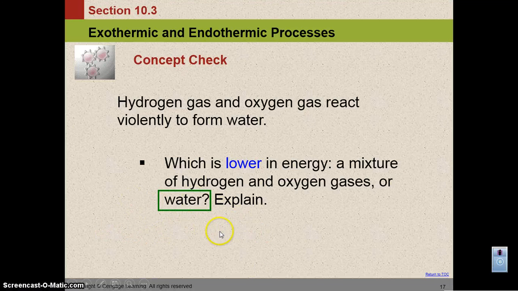When we look at this, the lower amount of energy will be in the water, or in the products. This corresponds to the diagram we had with the match being lit, so that's another example you can go back to and apply to that drawing. Now let's look at some of the problems that you're going to be able to do for this section.